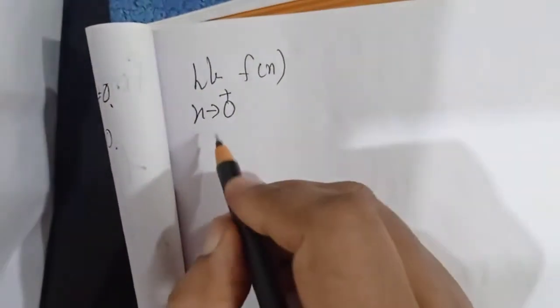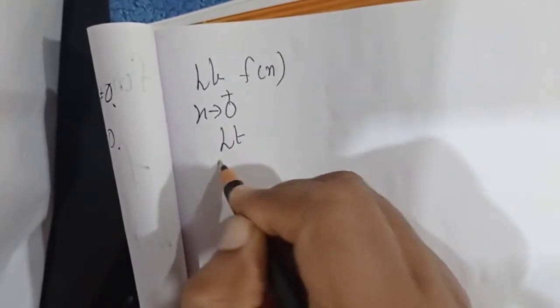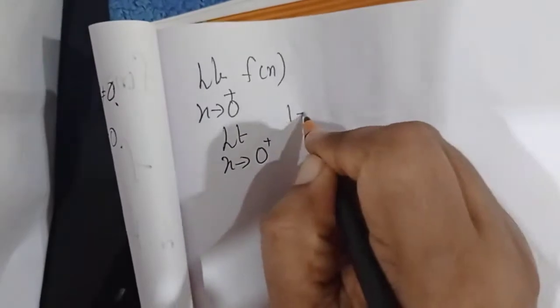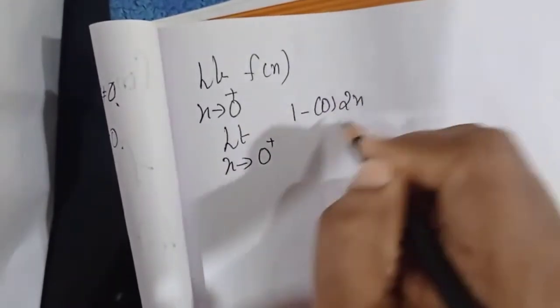Now you can take the RHL. How can you take the RHL? Limit x tends to 0 plus. 0 plus means that is also not equal to 0, isn't it? f(x) means limit x tends to 0 plus (1 minus cos 2x) by 2x square.